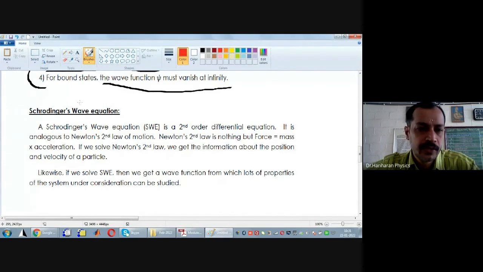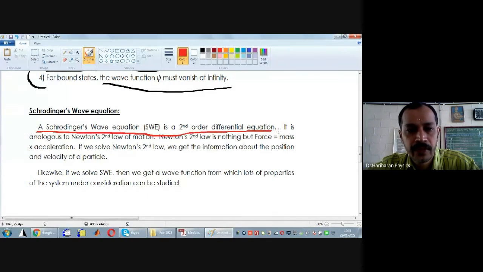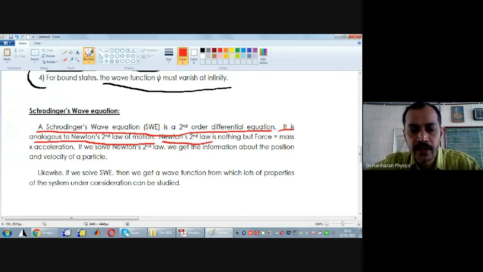A Schrodinger's wave equation is a second order differential equation. It is similar to Newton's second law of motion. What is Newton's second law of motion? Force is equal to mass into acceleration.